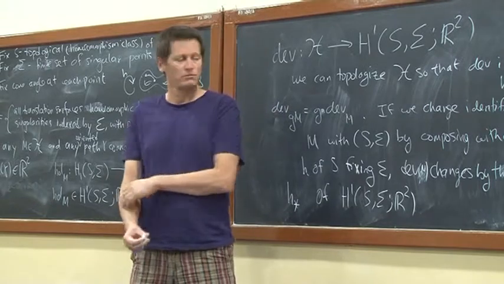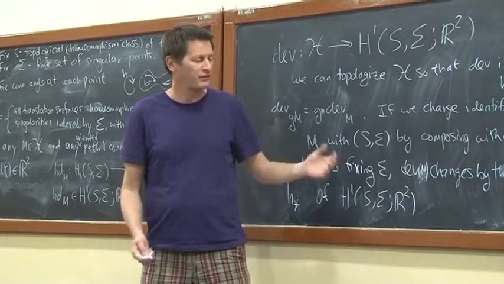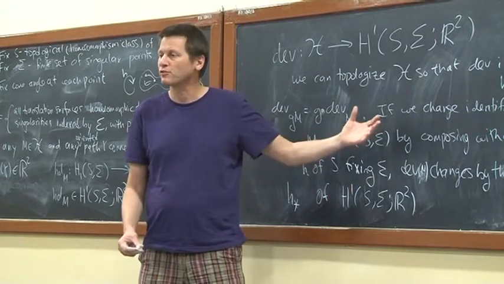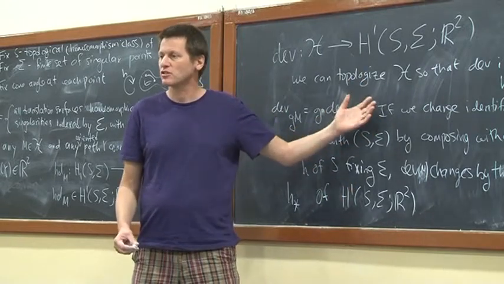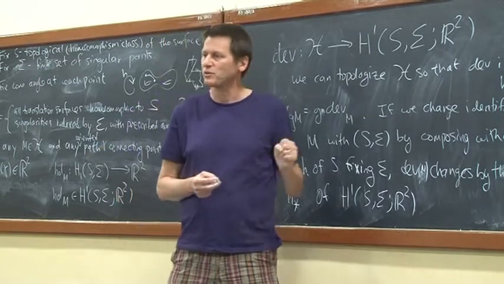The tangent space to Teichmüller space can be identified with what are known as quadratic differentials, which are essentially this kind of structure, but you also need to allow for rotations by 180 degrees.